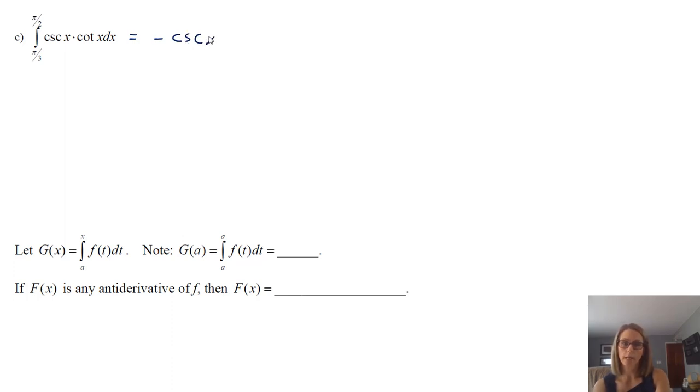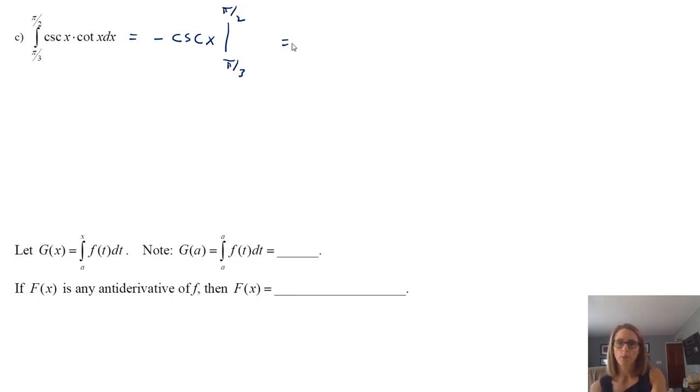So I'm not rewriting here, I'm actually taking my antiderivative, because the derivative of cosecant is negative cosecant cotangent. So if I just have cosecant cotangent, then my original needs to be negative. So negative cosecant x, going from pi over 3 to pi over 2.